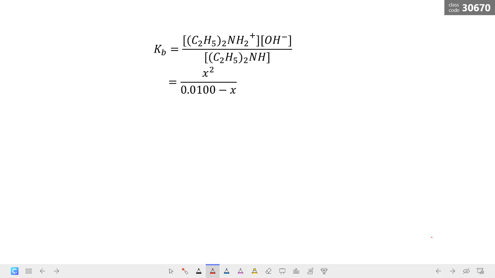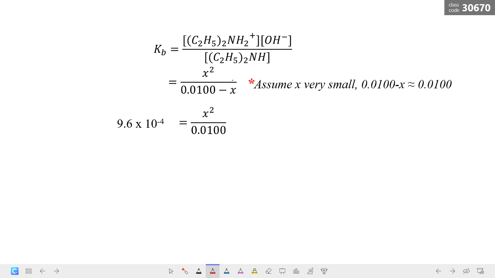So, gantikan, you akan dapat KB is equal to X squared divide by 0.0100 minus X, which is equal to the KB yang kita dapat tadi lah. Okay, maksudnya kita dah dapat tadi. Tapi untuk memudahkan pengiraan, kita buat assumption. Assume X is very small. Therefore, 0.0100 minus X approximately 0.0100 molar.